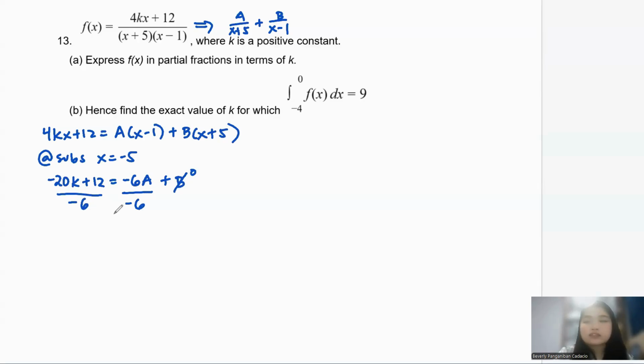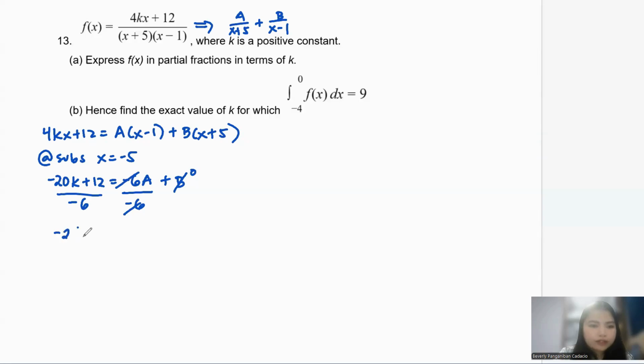Actually, you can just simplify it, because you need to express it, right? So let's simplify. If I were you, I will factor it out where we can cancel 6. The highest common factor will be negative 2.